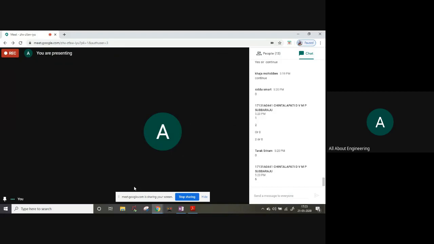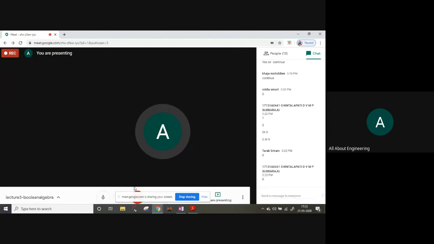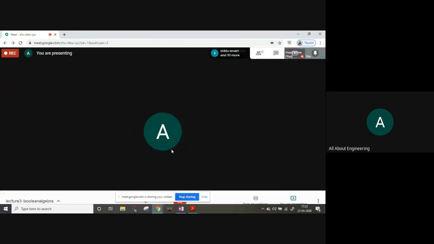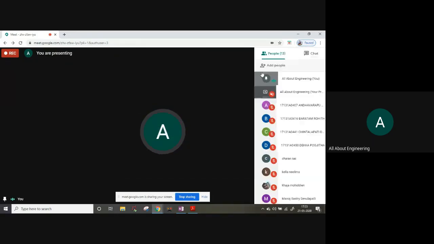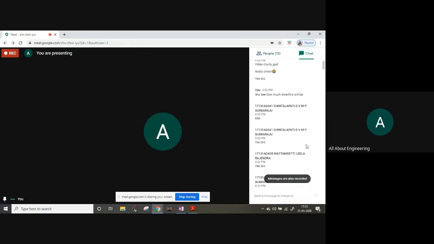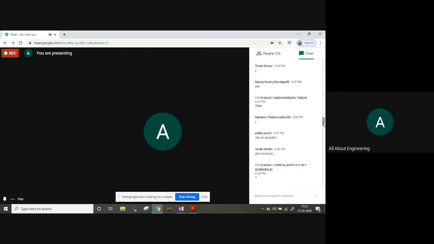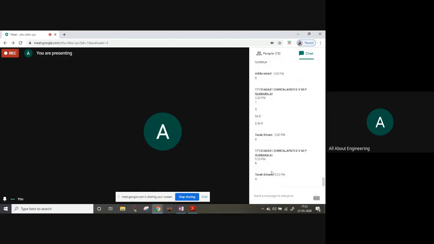Six. Subbu gave the answer as 6. Any more modifications to your answer? You can do any more modifications if you want. Tarak gave 4. Yeah.